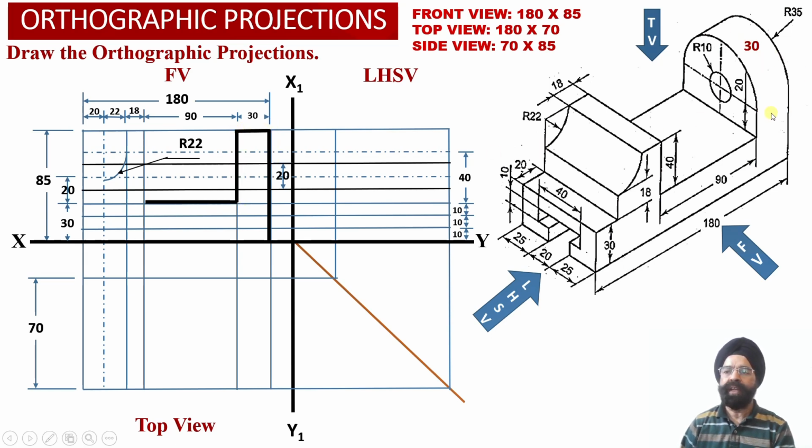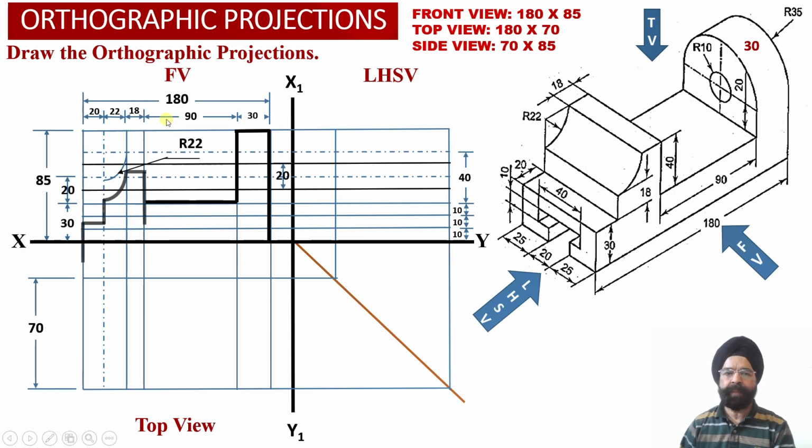And now we observe, because this is a semicircular portion, it is represented in the front view projections as an apparent shape, whereas this portion below this circular portion will be represented as true shape in the front view projections. So below this center line, we are able to observe the true shape of this surface in the front view projections.